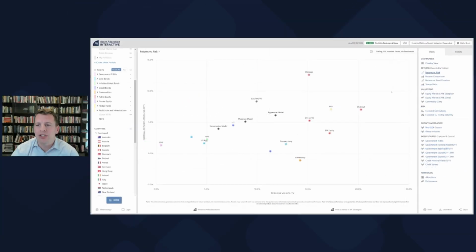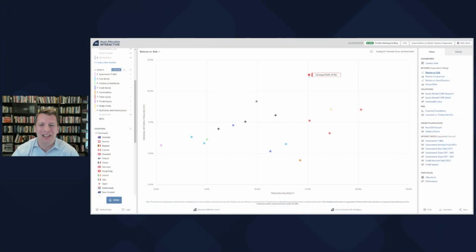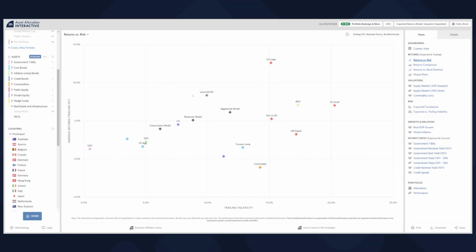The reason I'm going to do this is because I want to isolate US large equities. Many of us know that they've been a bit of an outlier, or a bit may be an understatement. They've been a dramatic outlier over the past decade. As we see, US large equities have generated a return of more than 12.5% per year for the entirety of the preceding decade, well above any other broad asset class.